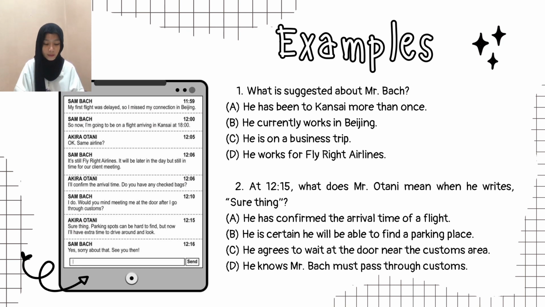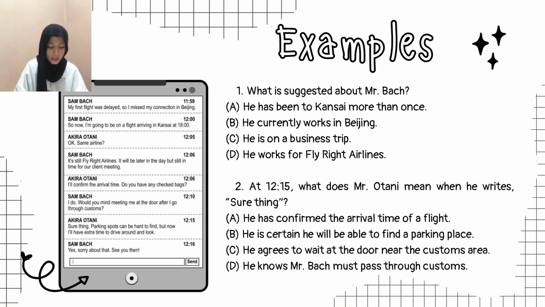The multiple choices are A, he has confirmed the arrival time of the flight, which is wrong. B, he is certain he will be able to find a parking place, which is also wrong. C, he agrees to wait at the door near the customs area. D, he knows Mr. Batch must pass through customs, and D is also wrong.